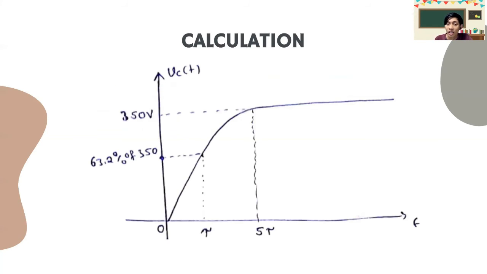And this is the graph for this circuit, where at 5 tau, the voltage has reached the maximum, which is 350 volt at the capacitor. But at 1 tau, the voltage at the capacitor is only 63.2% of 350 volt.